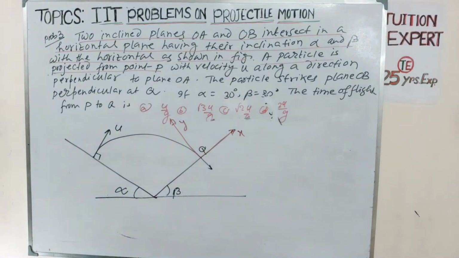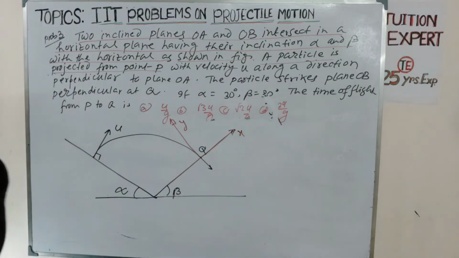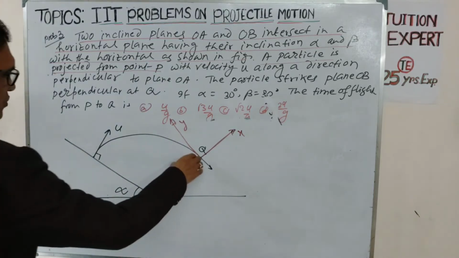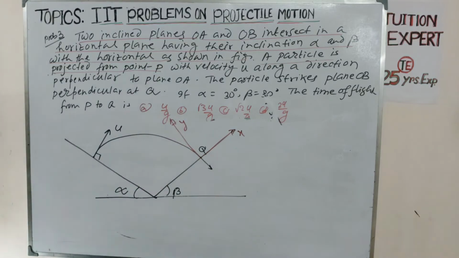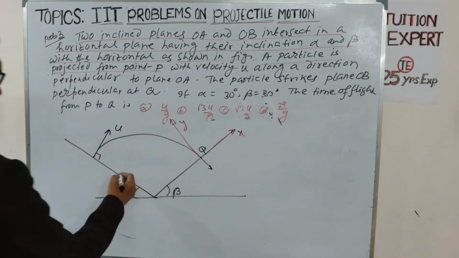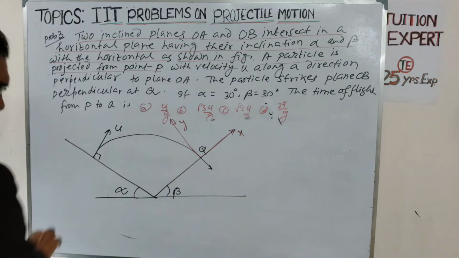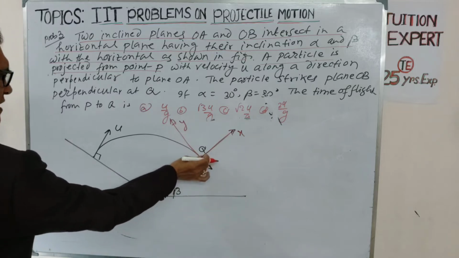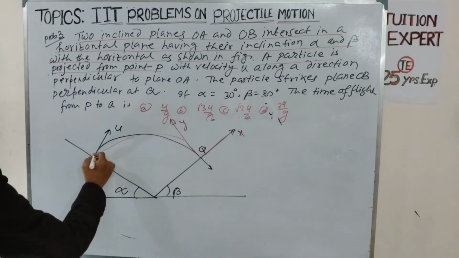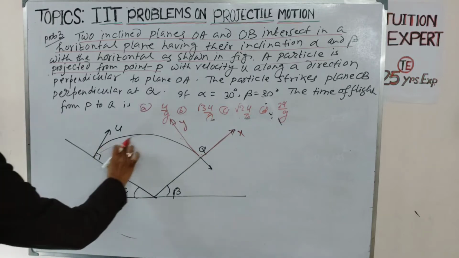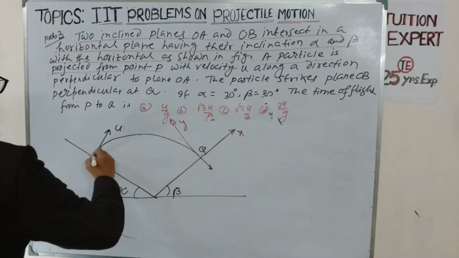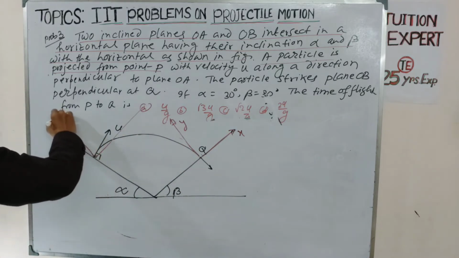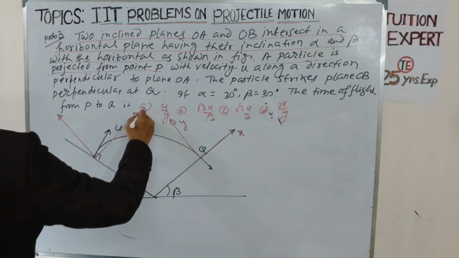This will be more convenient because the y component of the velocity will be 0 here. Now shift this coordinate axis to here. Then parallel to this is this and parallel to this is this. So this is the x axis and this is the y axis.